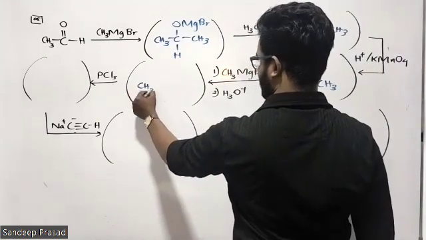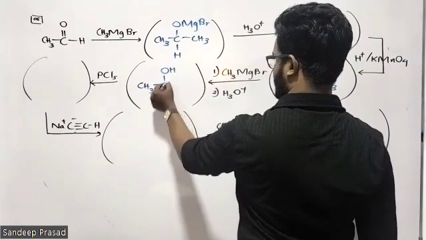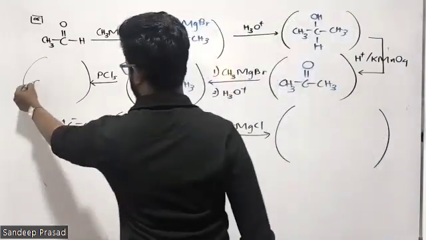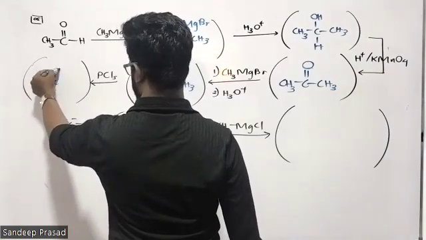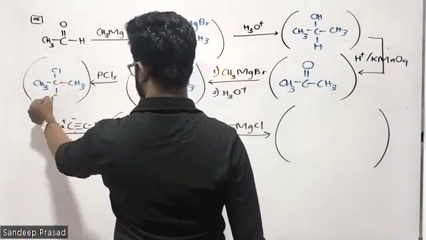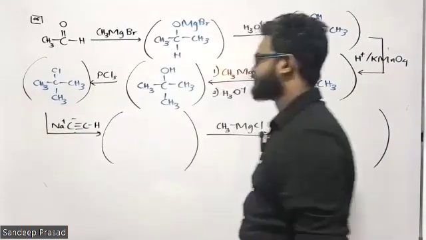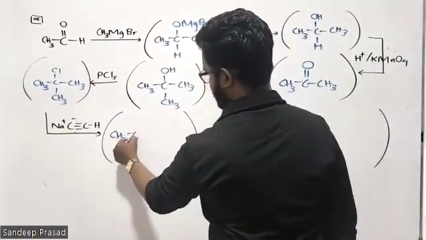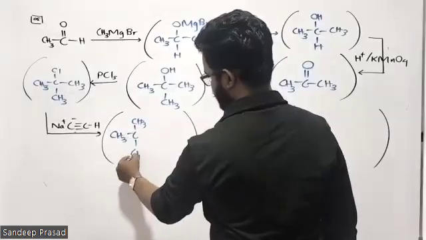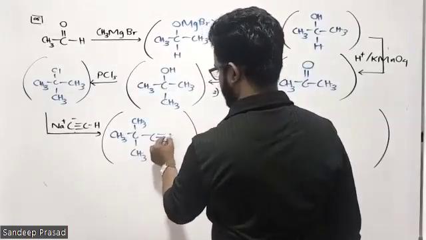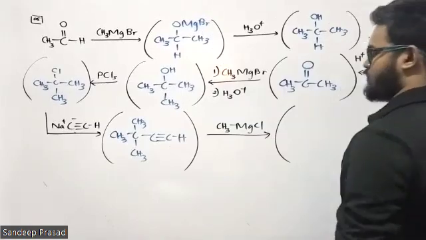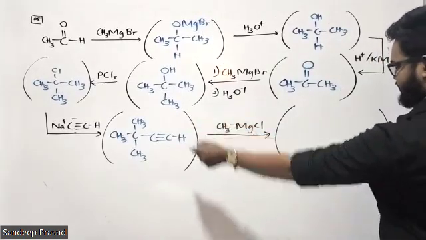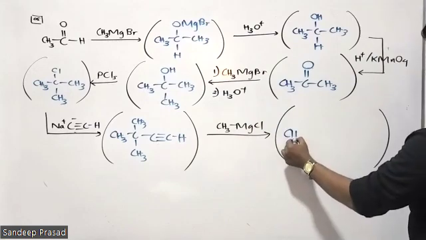H3O plus. In this way. CH3MgCl is added. So the Grignard reagent is reacting with active hydrogen.